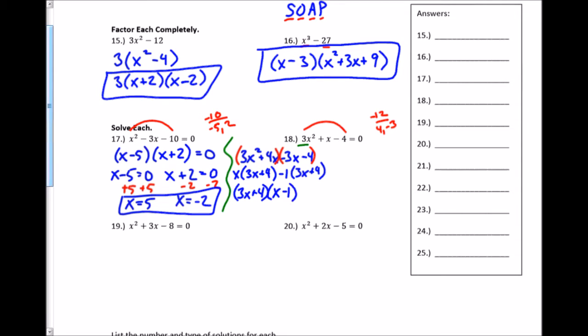So now this thing is factored, but keep in mind, this thing was equal to 0 the whole time. So now I set each factor equal to 0. Let me take that over here just a little bit. I do the 3x plus 4 equals 0, and I solve.